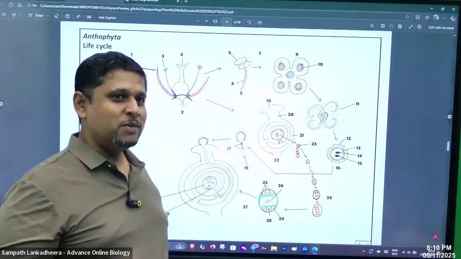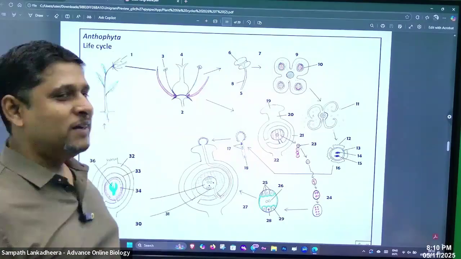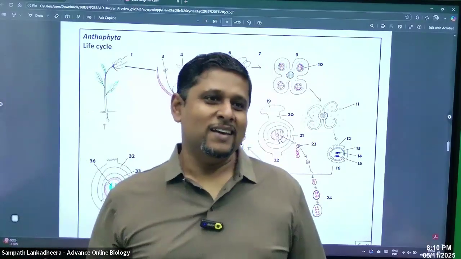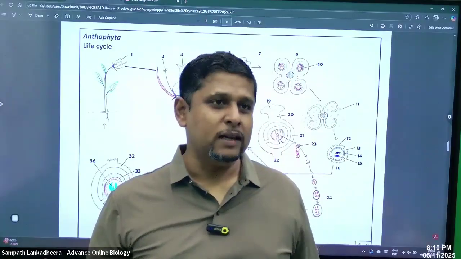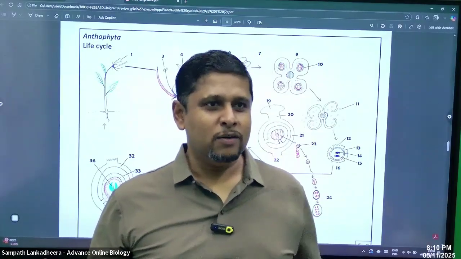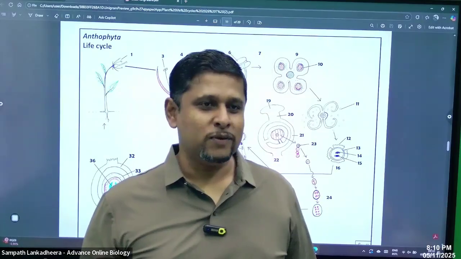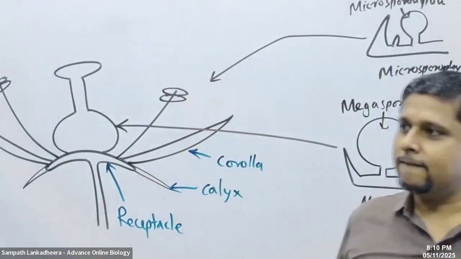So you know now this is a modified microsporophyll and megasporophyll collection.